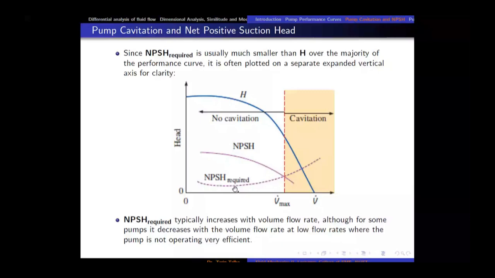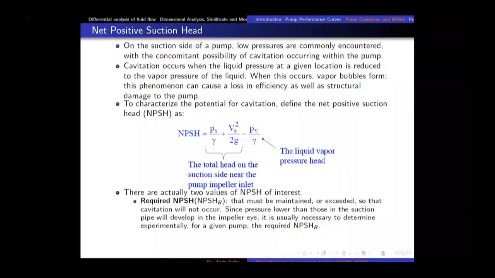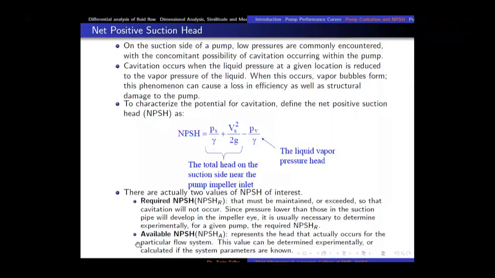Okay. So the required head is provided by the manufacturer by conducting experiments. But the available net positive suction head is the head that actually occurs for the particular flow system, which also has the consideration of the height at which we have installed the pump.